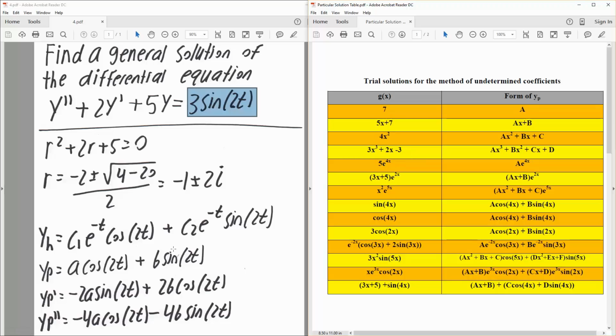We can do that by first taking the derivative of yp, and we would get negative 2a sine 2t plus 2b cosine 2t. We take the derivative again because we want y double prime, and we get negative 4a cosine 2t minus 4b sine 2t.